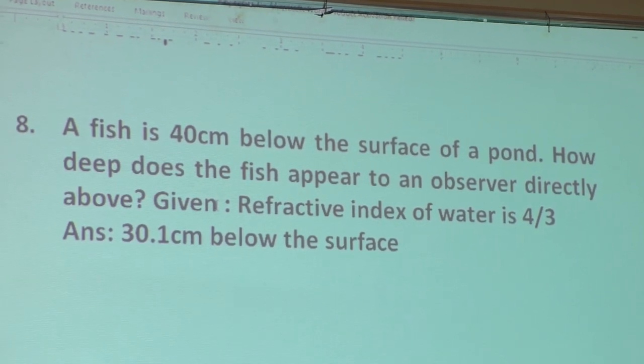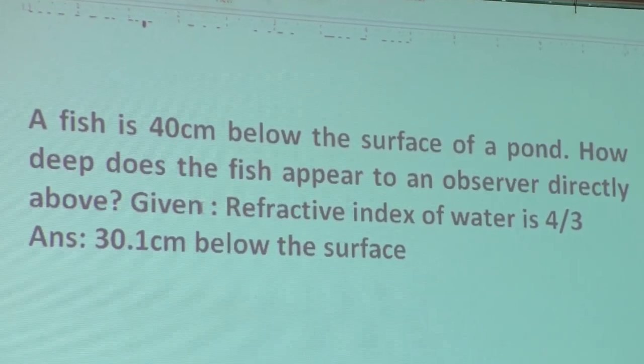If N is real depth by apparent depth, then apparent depth is real depth by N. Real depth is 40, N is 4 by 3, so 4 will be in the denominator and 3 will come to the numerator. 120 divided by 4, that is 30.